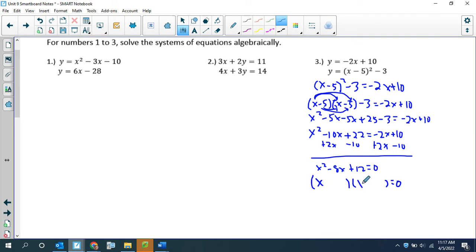So I'm saying what multiplies to positive 12 and adds to negative 8. So 6 times 2 gets us 12, and 6 plus 2 is 8. Since they are being multiplied to a positive, they use the same sign, but since they're added to a negative, they both have to be negative.